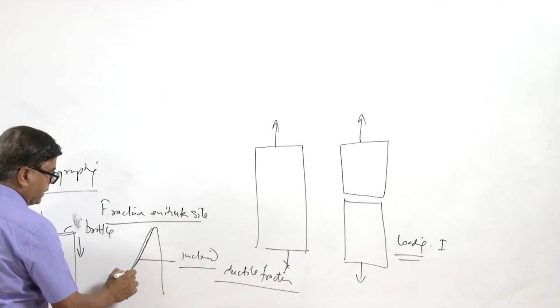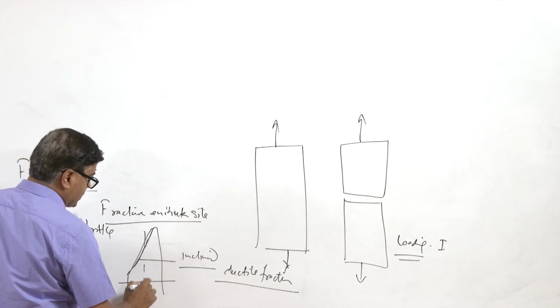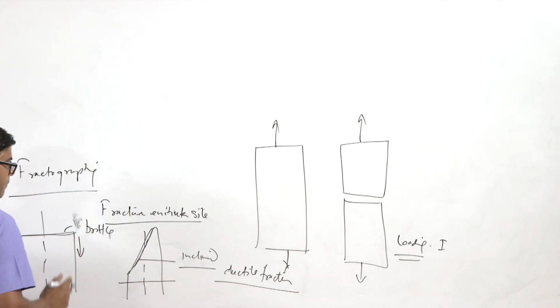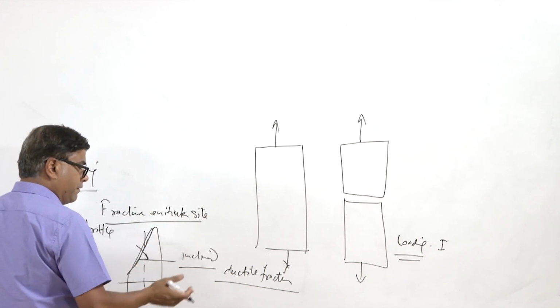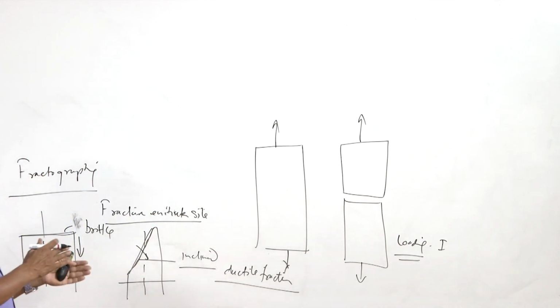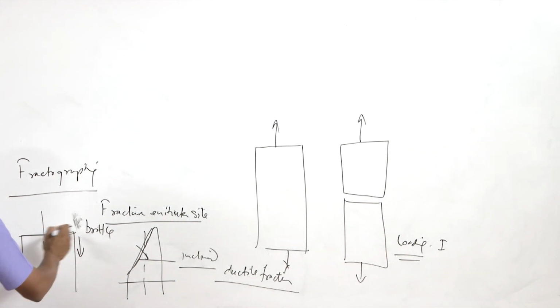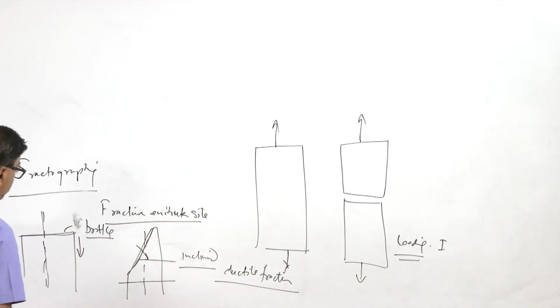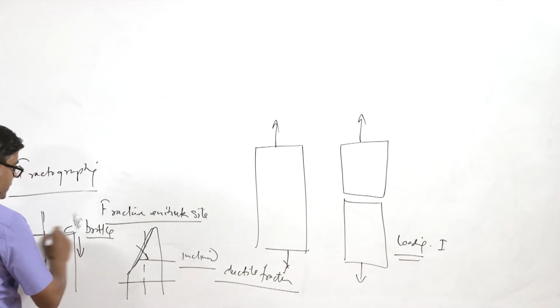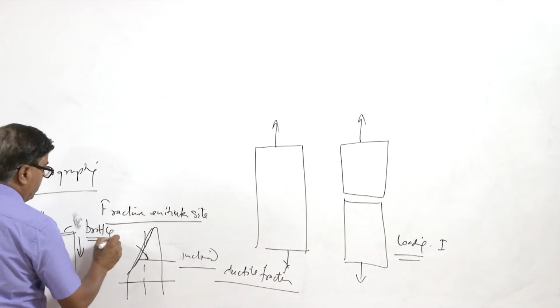In ductile fracture, the fracture surface is inclined with respect to the axis of the component, and the slant angle can vary significantly, like say 45 degrees. While in the case of brittle fracture, with respect to the externally applied load and the axis of the component, the fracture surface is normally perpendicular.